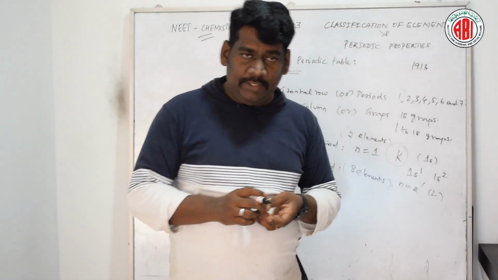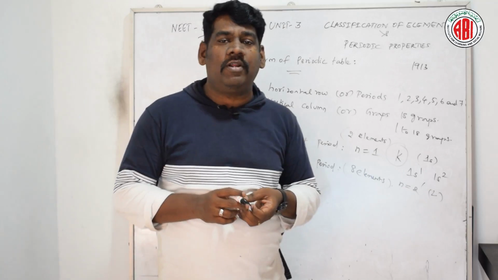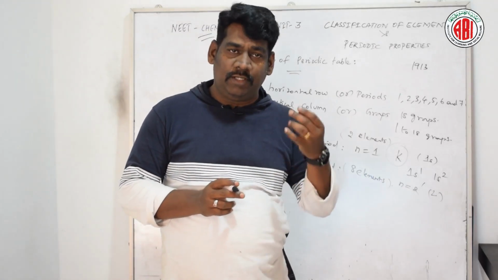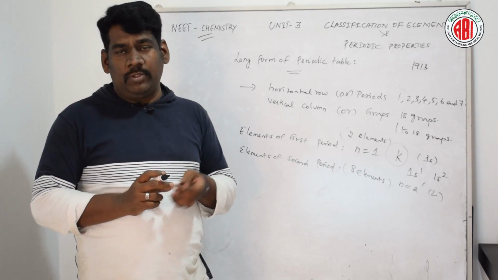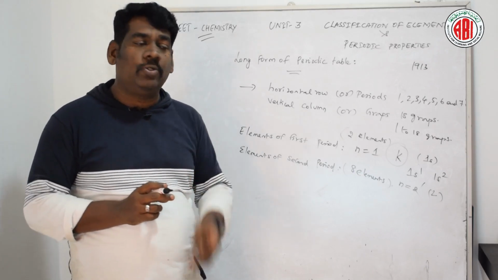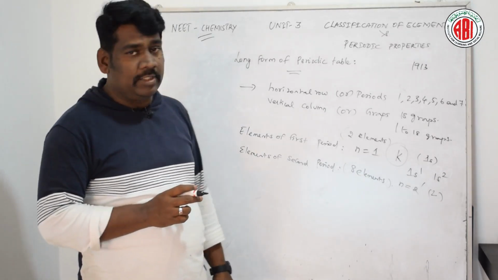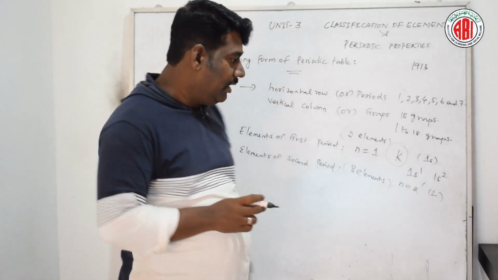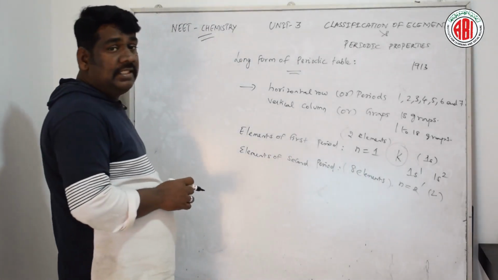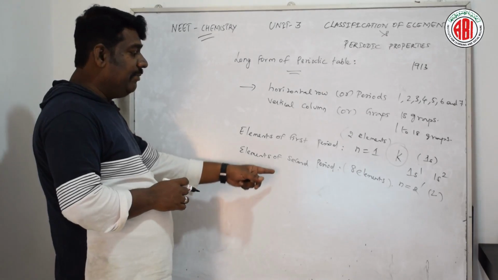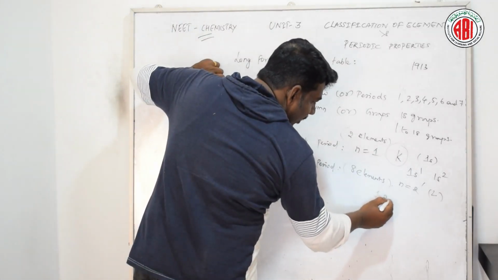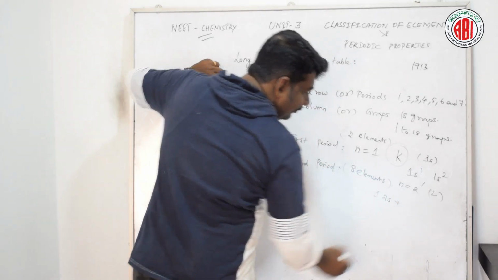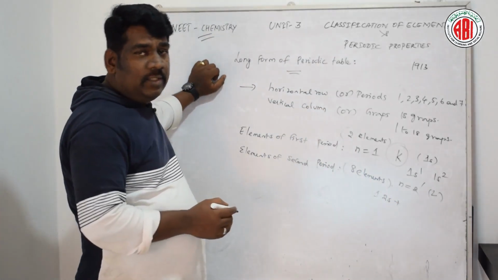Okay. So in L you can see there are 4 orbitals. So 4 orbitals are nothing but 1 2s and 3 2p orbitals. So there are a total of 4 orbitals in the elements of second period. So 1 2s orbital plus 3 2p orbitals.